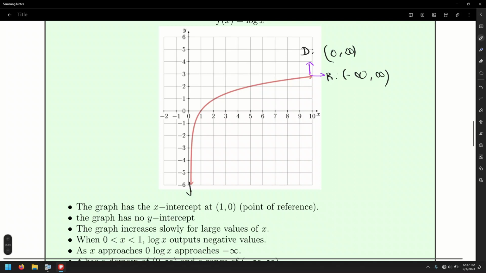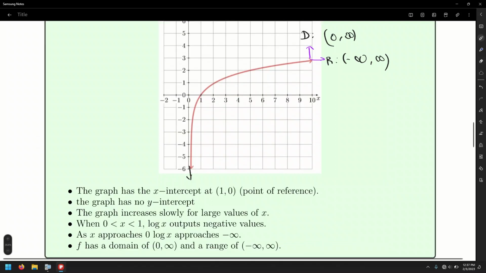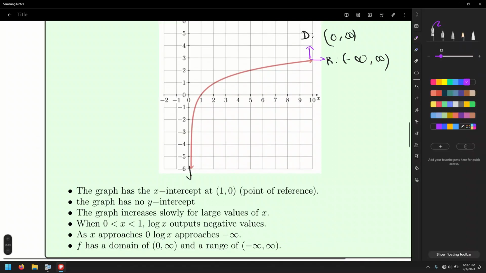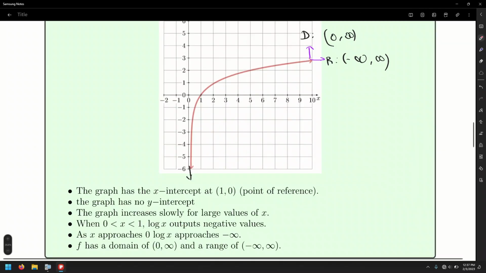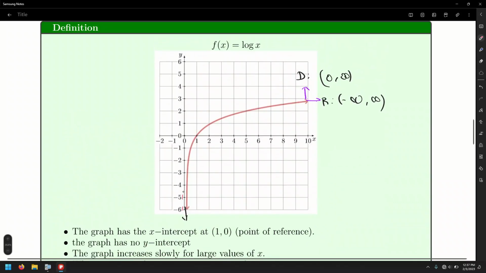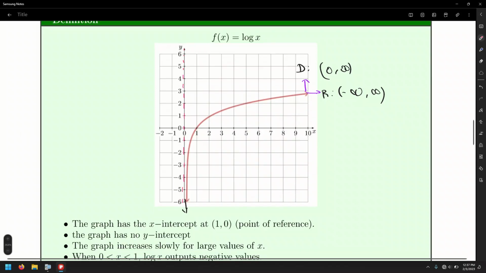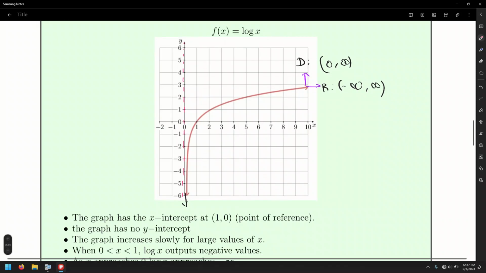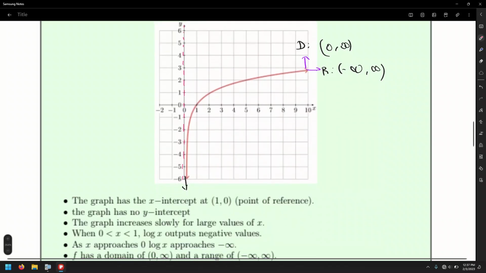It has no y-intercept. In fact, something I didn't show about the graph is that the y-axis is a vertical asymptote. I think we are going to start seeing some connections between this logarithmic function and the exponential function, similarities and contrasts.